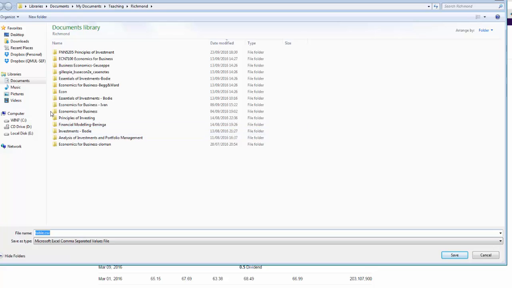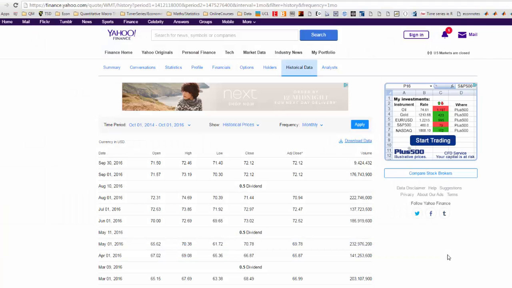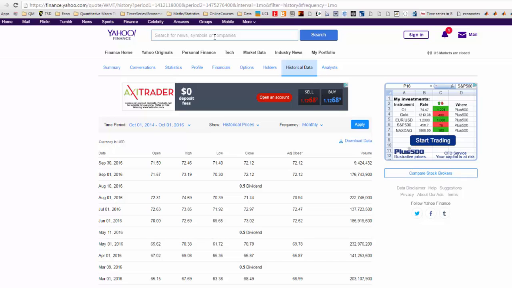Let's save it somewhere that you want to come back to. Let's save it as wall. Done. Now I'd like to have a second company, so let's search one more time. Where is the lookup? It doesn't have it for some reason, but let's try Cisco.